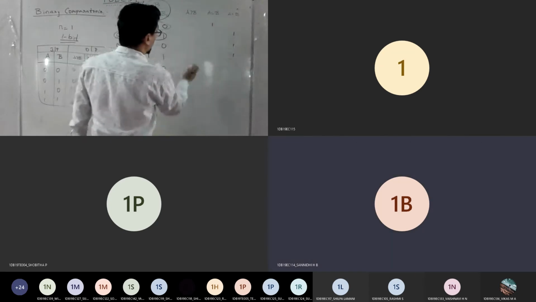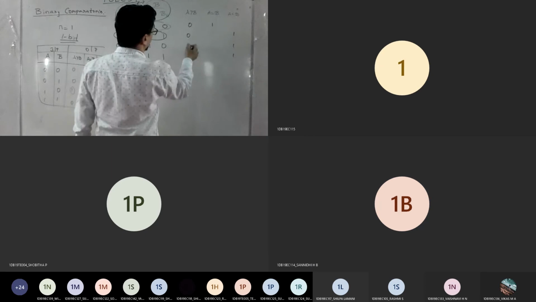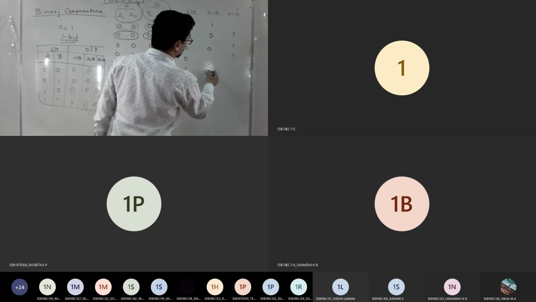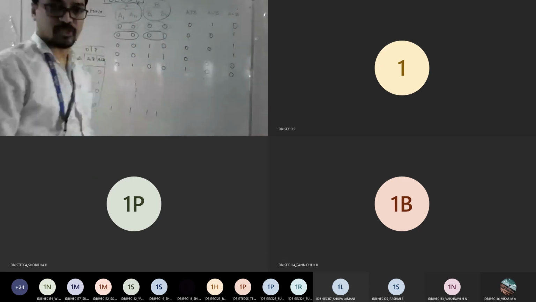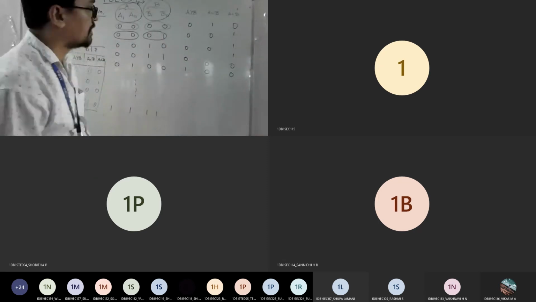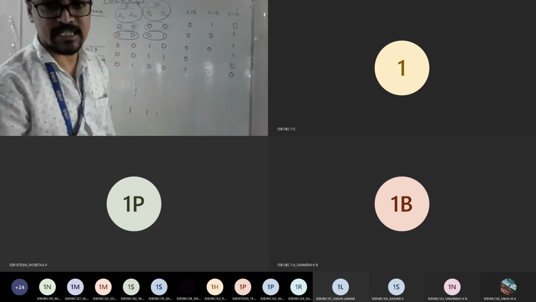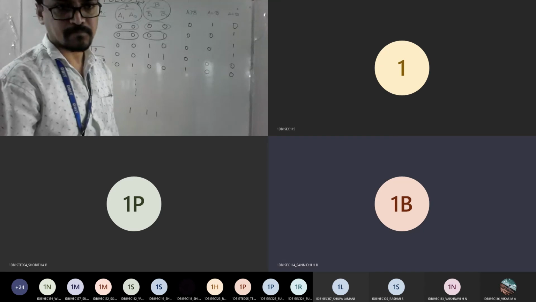I can write A greater than B as 1. So I'll write the remaining as 0. Say I want the concentration only on ones, so I'll just put 0 on the others. So if we fill the table like this, you tell me the number of ones for greater than, equal to, and less than, is what I asked. Is it fine till now? Yes, sir.